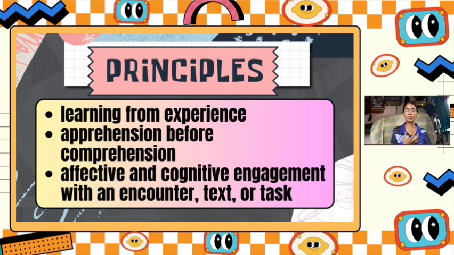Now let's proceed to the affective and cognitive engagement with an encounter, text, or task. Effective cultural awareness education requires engaging both the emotion and the intellect of learners. Materials should include emotionally resonant content such as personal narratives or testimonials to foster empathy and personal connection.